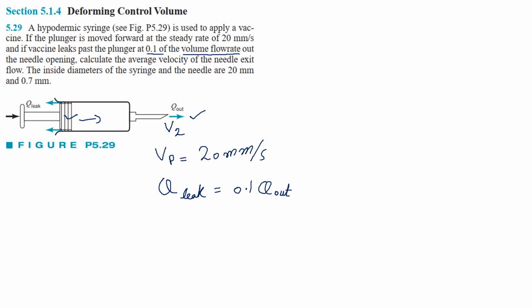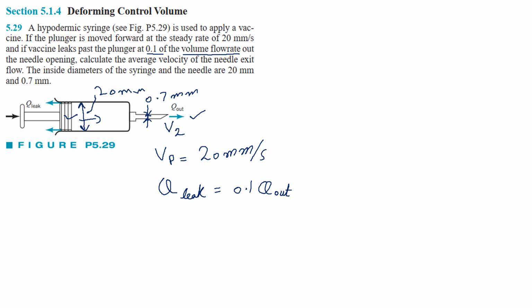The inside diameters of the syringe and the needle are 20 millimeter and 0.7 millimeter. This is the inside diameter of the syringe, which is equal to 20 mm, and 0.7 mm is the inside diameter of this needle.